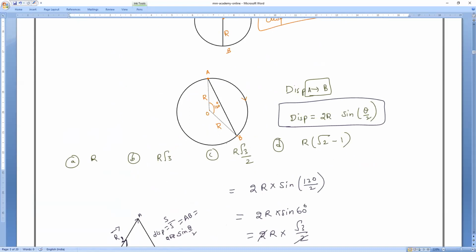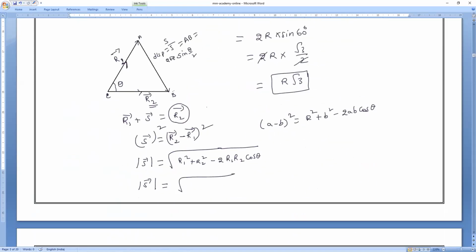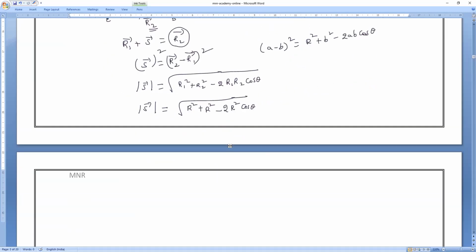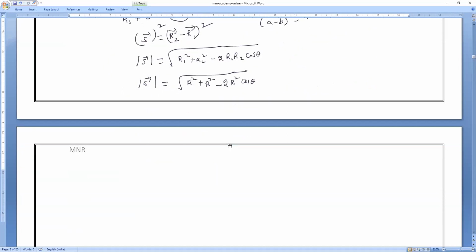So R1 square is R square, R2 square is R square, and R1 R2 becomes R into R, R square cos theta. That is what it will become. Now very carefully, in this R square plus R square, what will become?